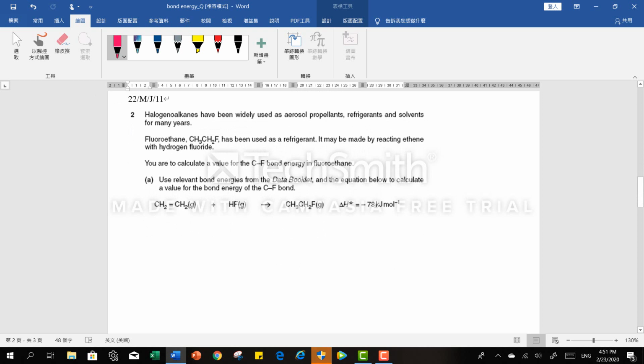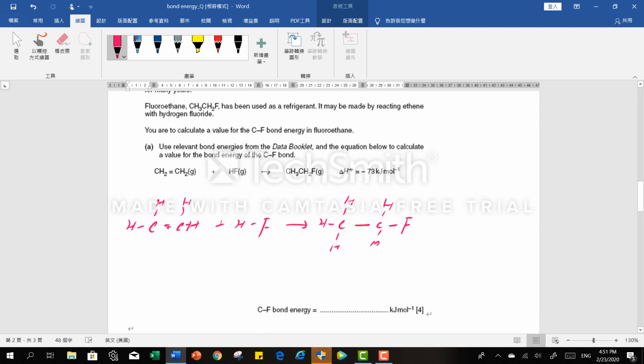This one is easy. So basically, you have this one and this one, right? And after forming the product, you have this one and this one. Now, if you still remember, there is an equation we learned in IGCSE: the energy of bond breaking minus the energy of bond forming, right?